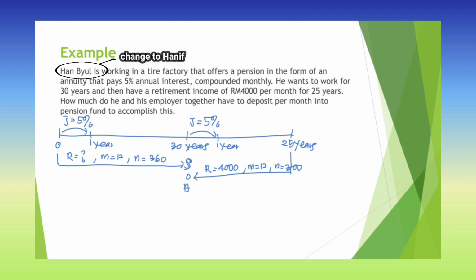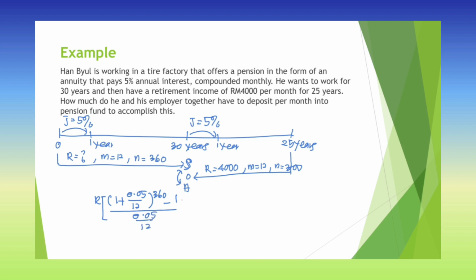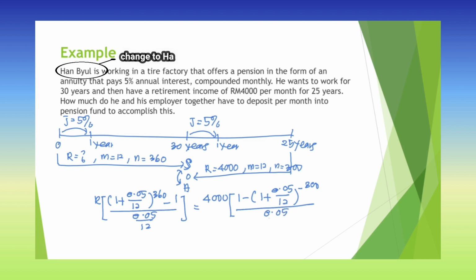Since S equal to A, the formula for S is R, 1 plus 0.05 over 12 to the power of 360 minus 1, over 0.05 over 12, equal to A, which is 4,000, 1 minus 1 plus 0.05 over 12 to the power of negative 300, over 0.05 over 12.